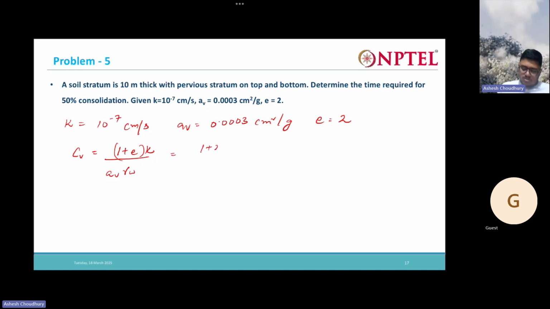So 1 plus E. What is AV? 0.0003. CV comes to 10 to the power minus 3 centimeter per second.